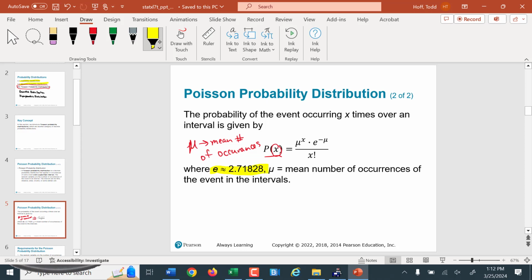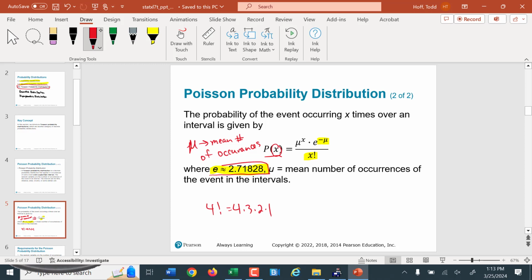It is E equals 2.71828 to the power of negative mu, and then over X factorial. Now remember, X factorial, if it's 4 factorial, that's 4 times 3 times 2 times 1. X factorial, whatever value X is, it's going to be that factorial multiplied out.